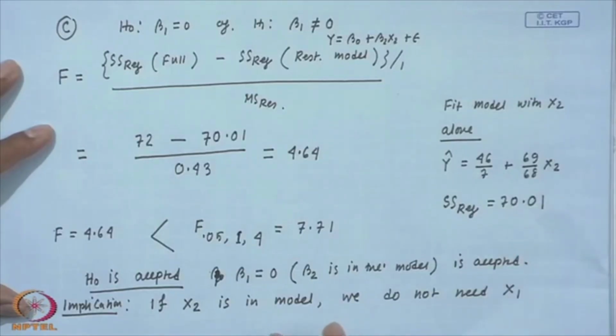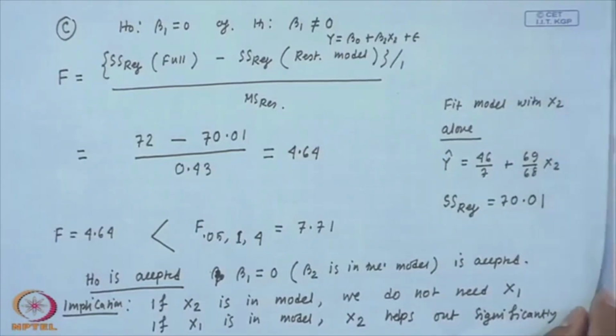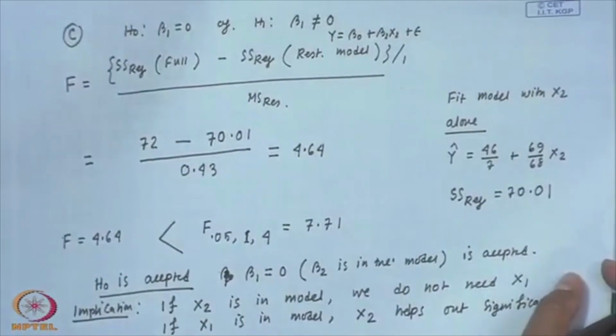So, if you have x 2 first in the model, we do not need to include x 1, but if x 1 is in the model, then we have tested that the significance of beta 2 in the presence of x 1 is significant. So, if x 1 is in the model, then we include x 2. So, x 2 helps out significantly. Right. So, this is the implication of these two partial tests.